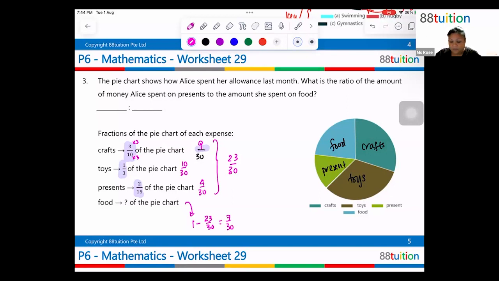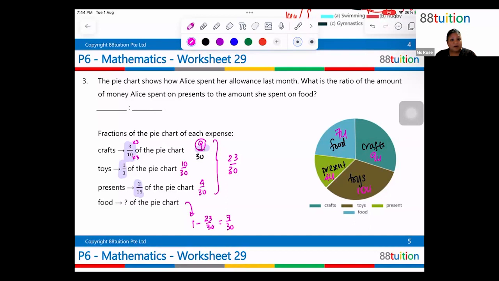Okay, so now, 7/30, can I represent it as crafts as 9 units, toys as 10 units, presents as 4 units, and food as 7 units?